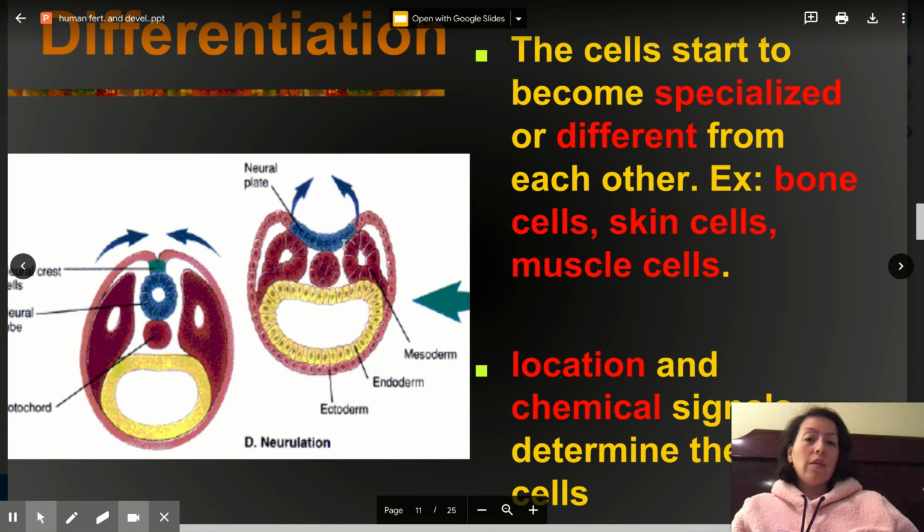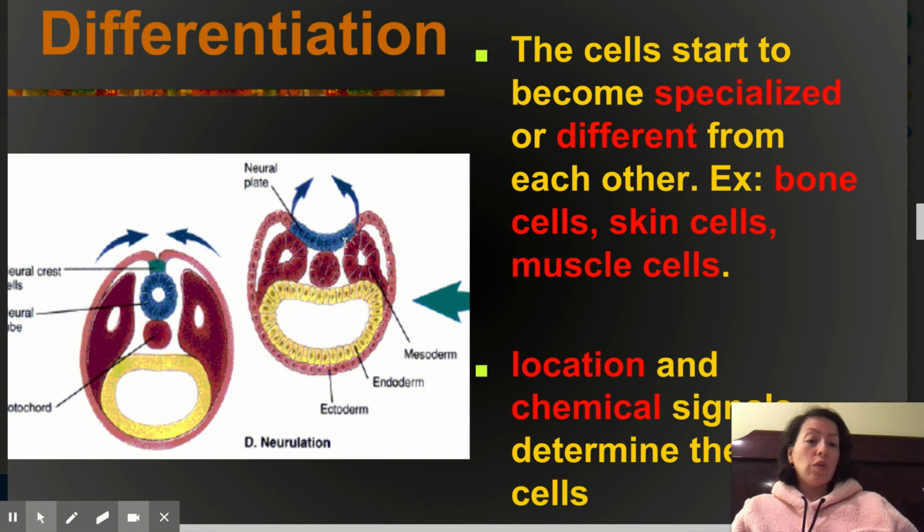This is when the cells start to become specialized or different. So they're no longer all the same cells. Depending on their location and what hormonal signals they're getting, they're going to become skin cells or bone cells or muscle cells. So that's very specific. Okay, and in the movie they touched on that.